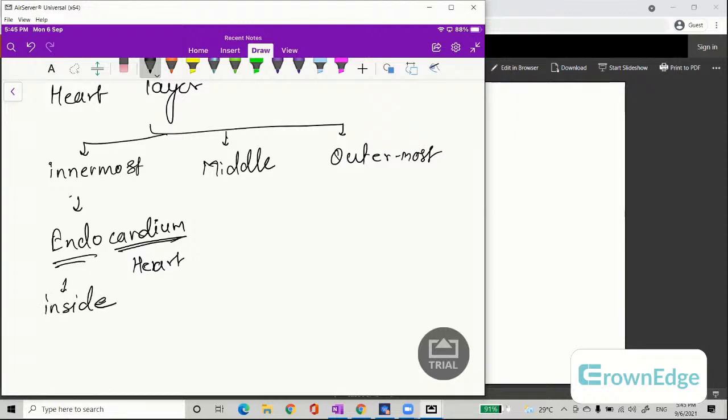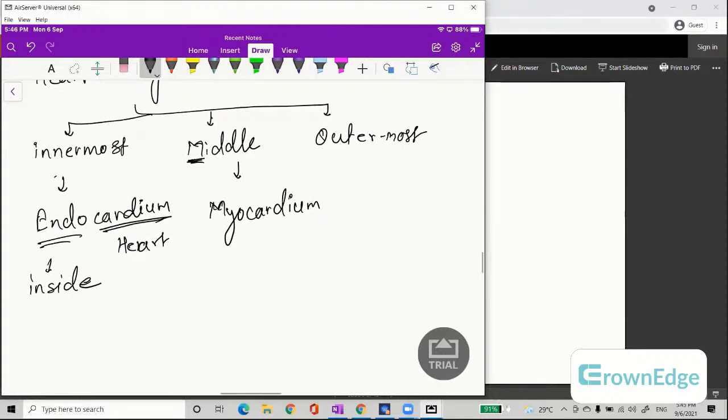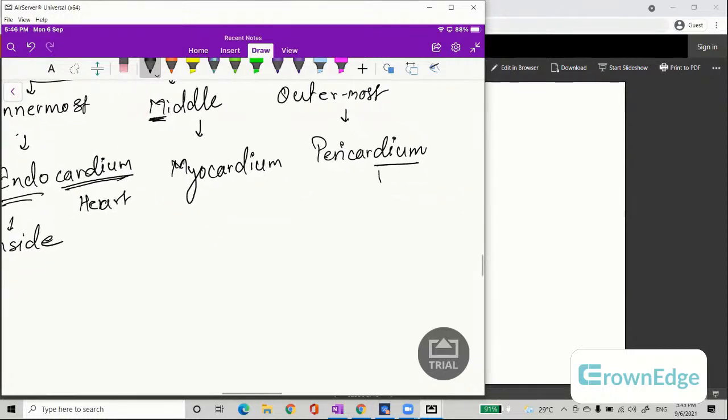that is endocardium. The middle one, M for M, that is myocardium. The outermost layer is known as pericardium. Okay, now this pericardium is subdivided into three parts.